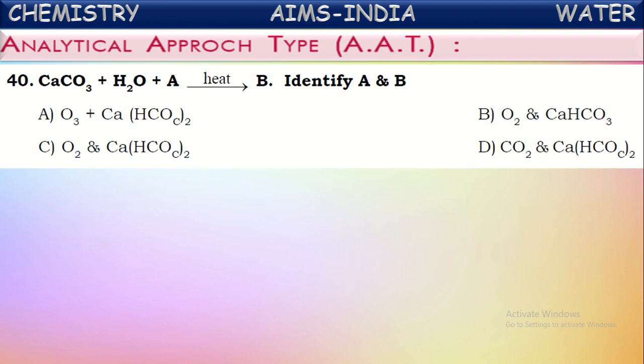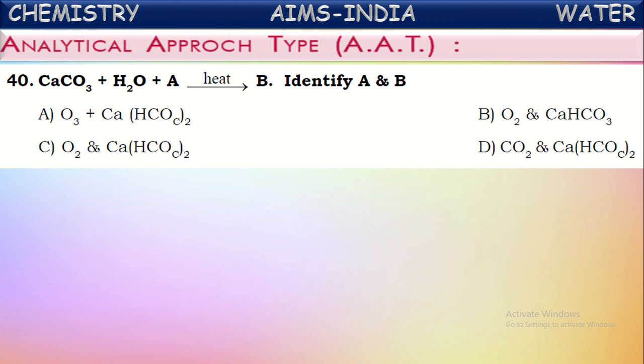See the first one among these. Calcium carbonate on reaction with water and some other substance A, it is giving B. What are these A and B? Try to identify this. So calcium carbonate on reaction with water and carbon dioxide.